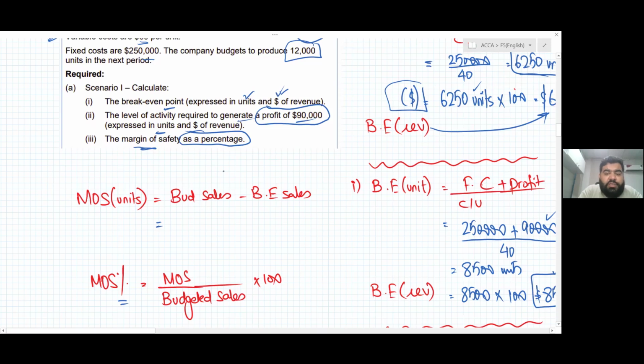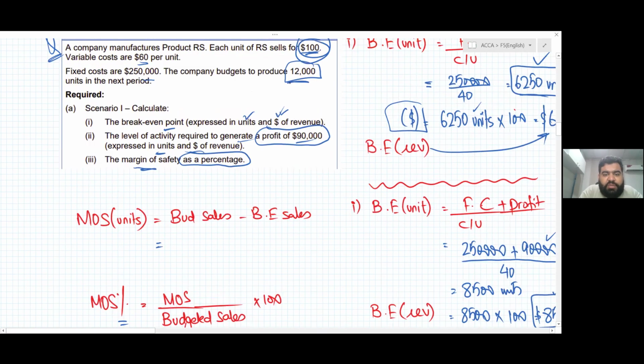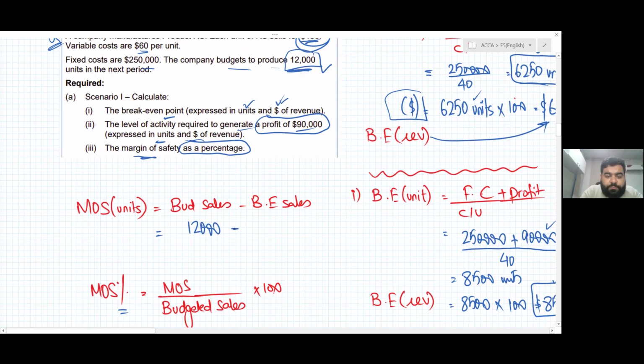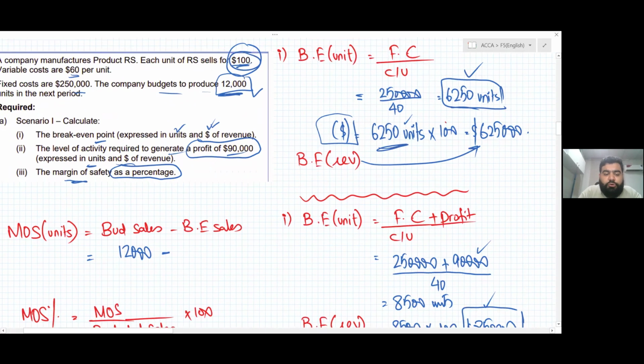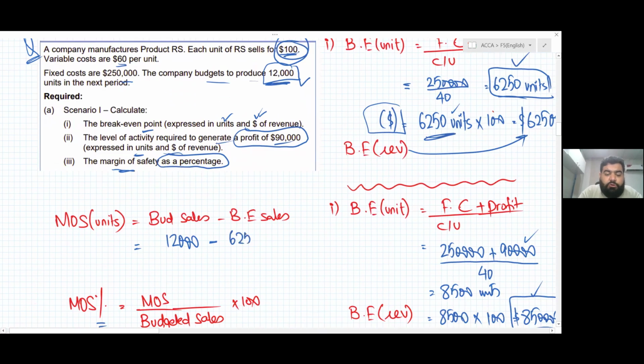So budgeted sales is 12,000 units, because the company budgeted to produce 12,000 units in the next period, meaning they want to sell that. Minus break even sales, which was 6,250 units, if you remember. So 12,000 minus 6,250 is 5,750 units.